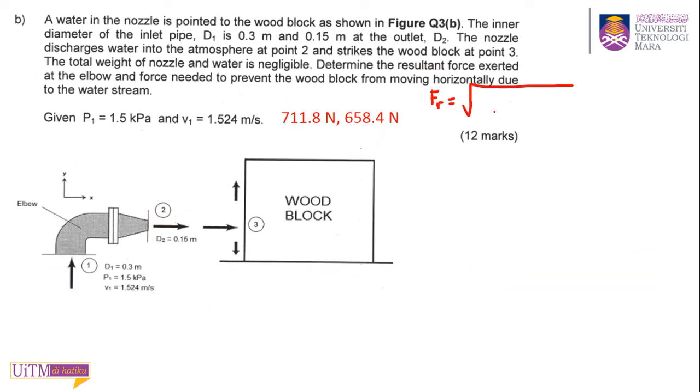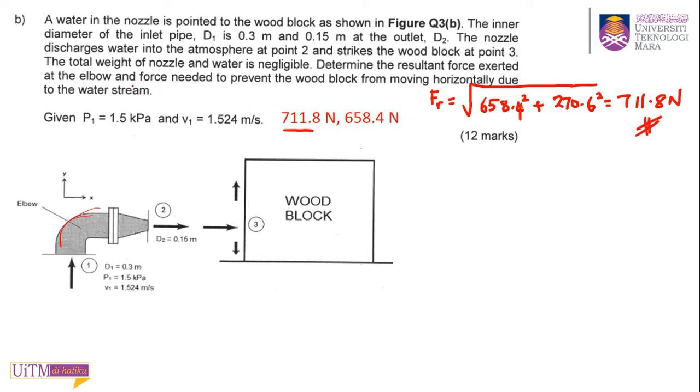Oh, this one: 658.4 squared plus 270.6 squared. Okay, is this the same as this one? It's the same. 2711.8 Newton. So this is your final answer. The resultant force exerted at the elbow, here. The elbow, this part. Okay, so that's settled for part 1.